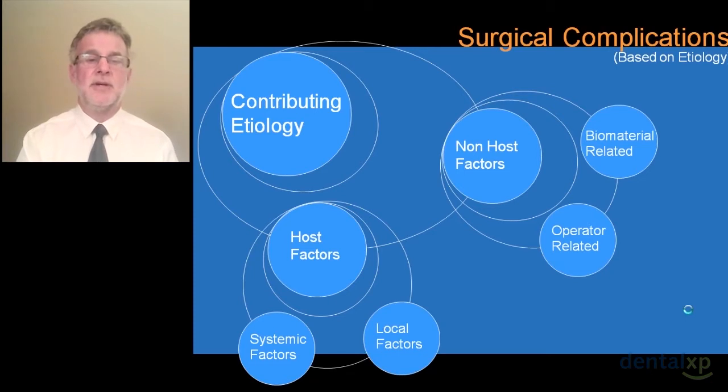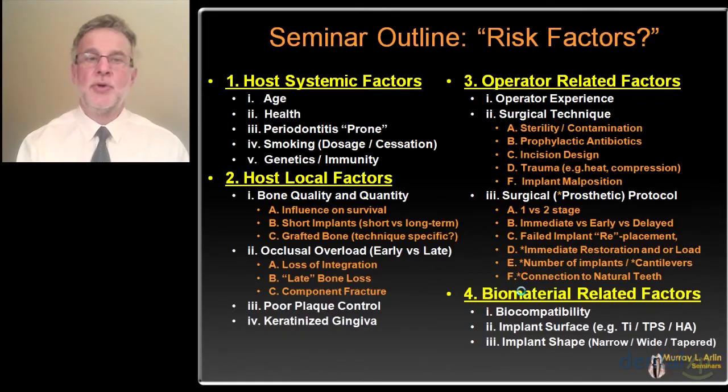Host factors, subdivision systemic factor, for example, could be uncontrolled diabetes. Host factor, a local factor, could be poor quality bone. So when we look at these different categories of etiology for implant failure, the same four categories are highlighted in yellow here.